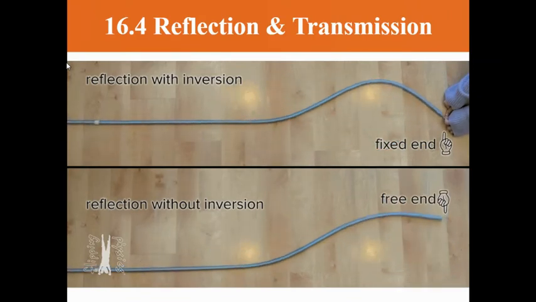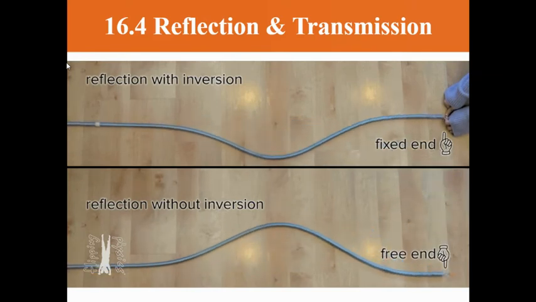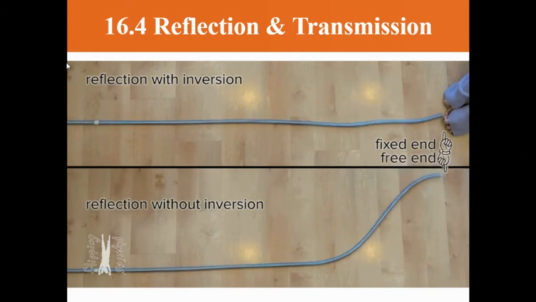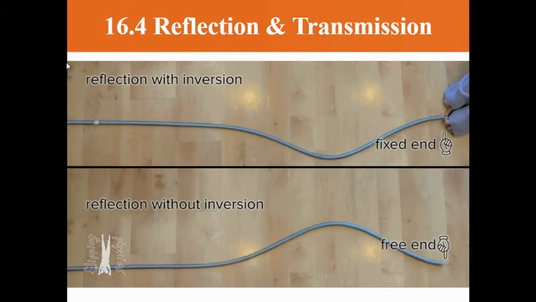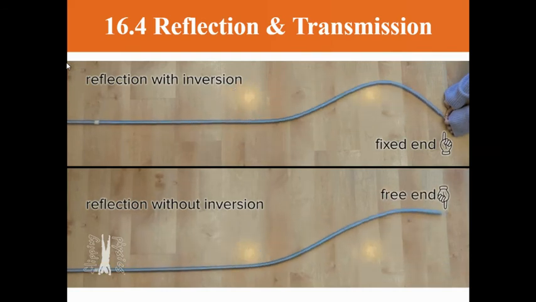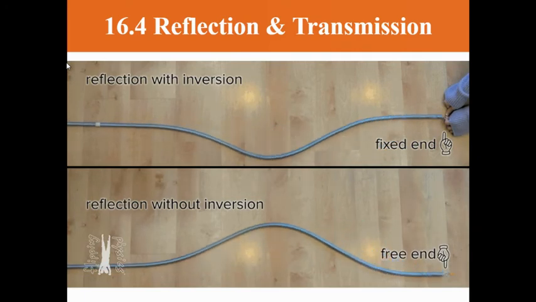So it gets pushed back down to the bottom, and comes out flipped and moving to the left. Whereas the one on the bottom, without inversion, has a free end, so it moves up and then swings down, sending the pulse back to the left in the same shape.